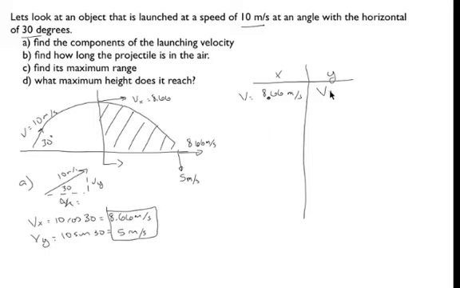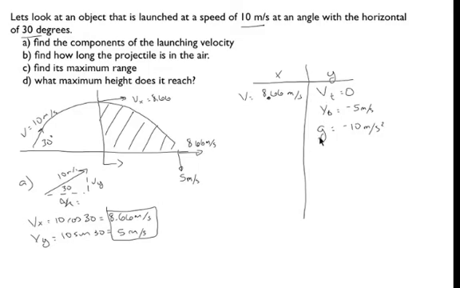So I'm going to say the velocity at the top of the path is instantaneously 0. The velocity at the bottom in the y direction is minus 5 meters per second. Gravity, I'm going to use as 10 meters per second squared downwards.